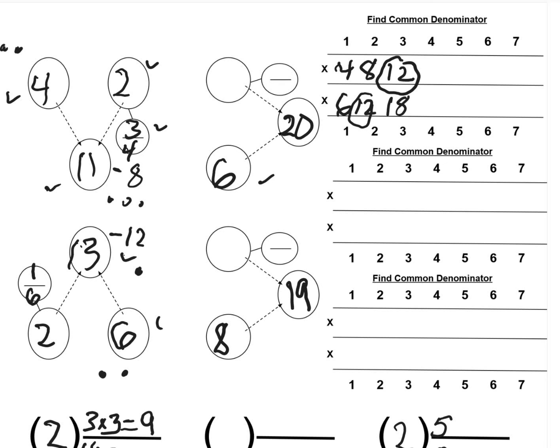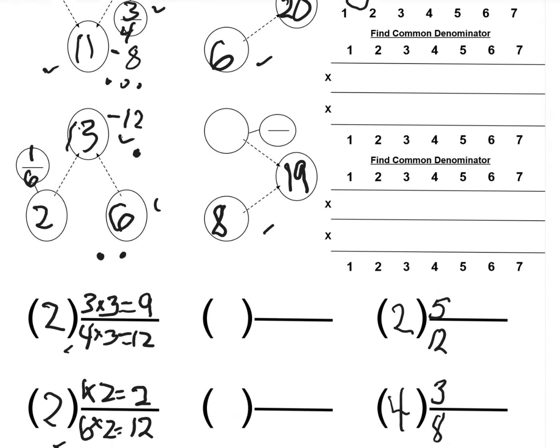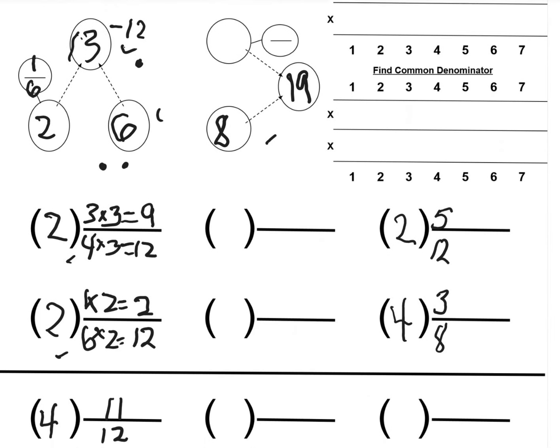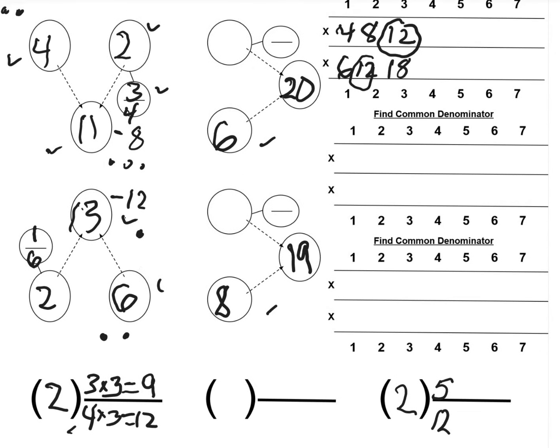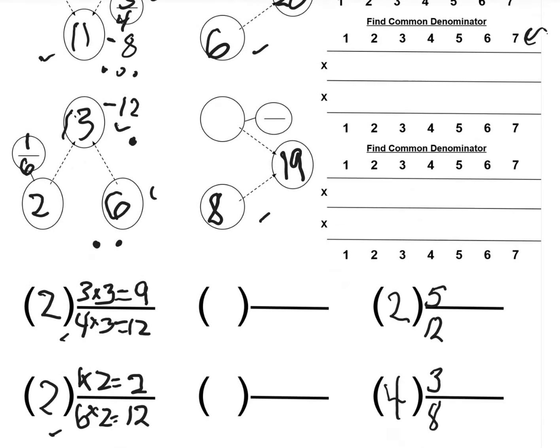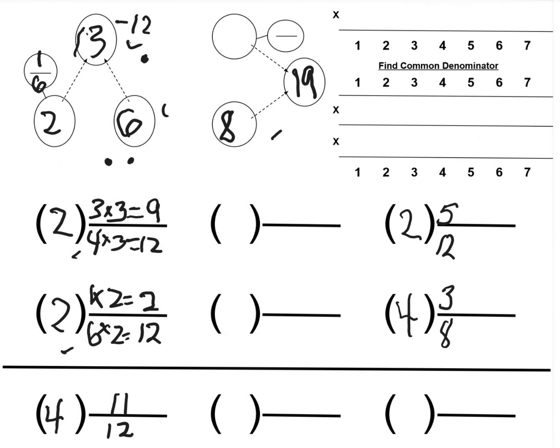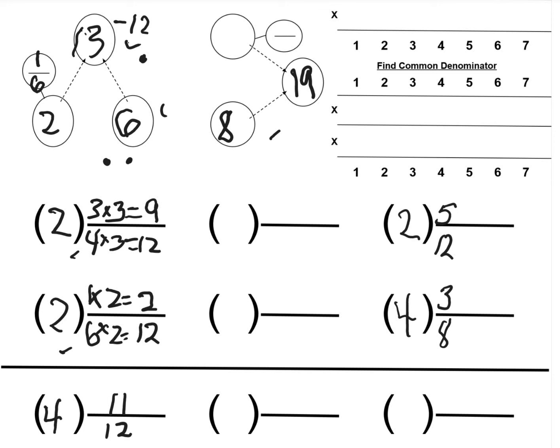So you can see that we have two more short division problems, and we'll solve those, find the answers, and add them together, using again the table here to find the common denominators. And then we also have another set of mixed numbers to add together.